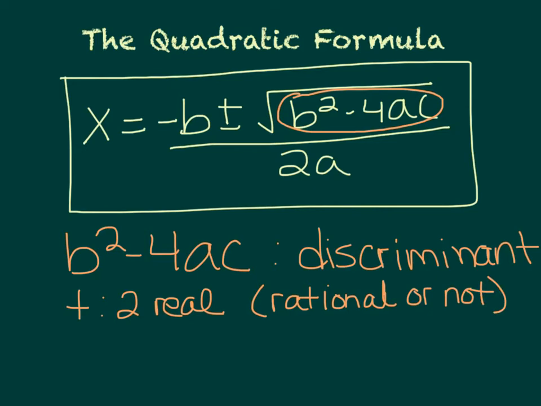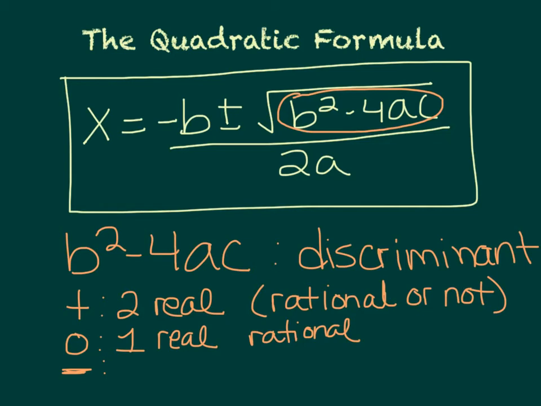If b squared minus 4ac equals 0, well, the positive square root of 0 is the same thing as the negative square root of 0. It's all 0. So you just have one real solution. And it would be rational. And if your discriminant is negative, then you're going to try to take the square root of a negative number, which you know can't happen, or actually can.